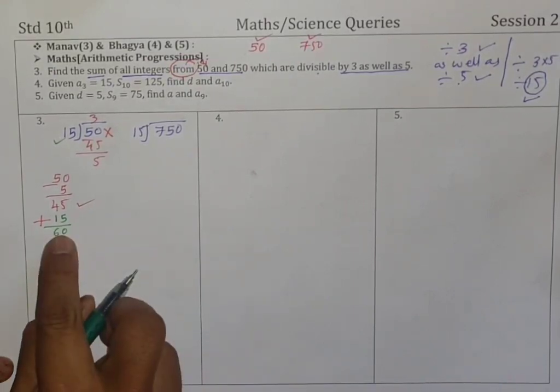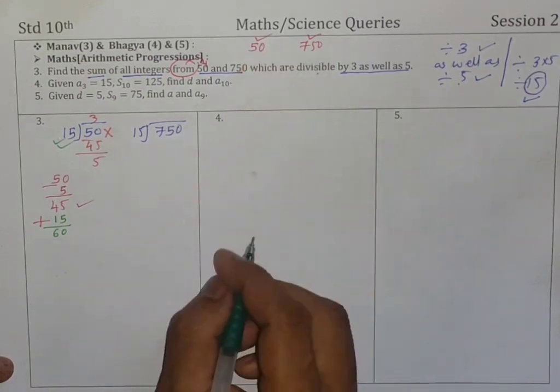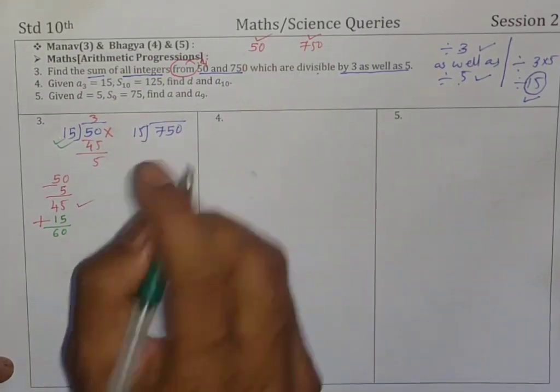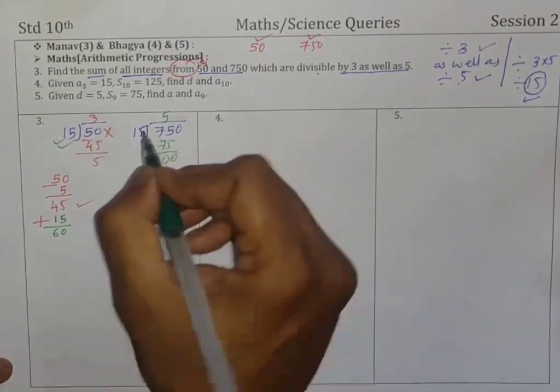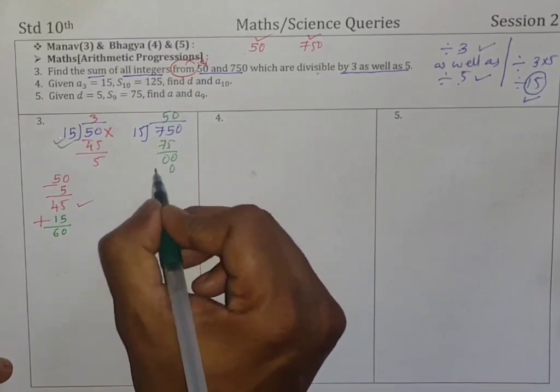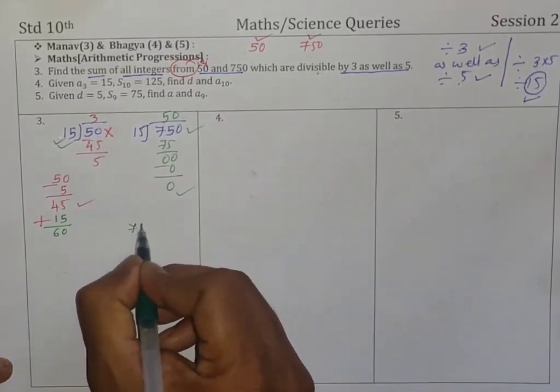So 60 is a multiple of 15, जो 50 to 750 में आ रहा है। चलिए नेक्स्ट, 15 5s are 75, 0, bring down 0, तो डिवाइड करना ही है, 50 zeros are 0, so remainder is 0, so 750 is a multiple of 15.